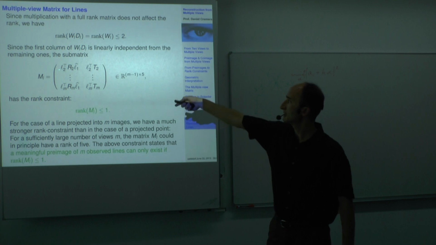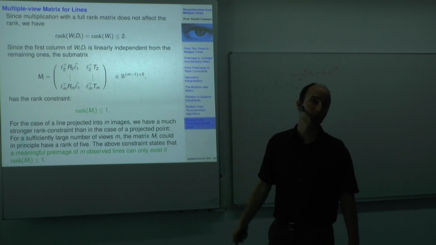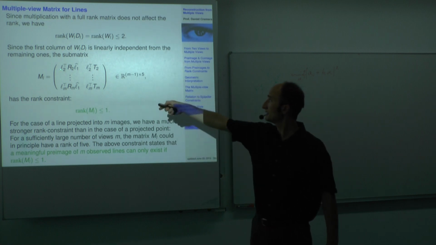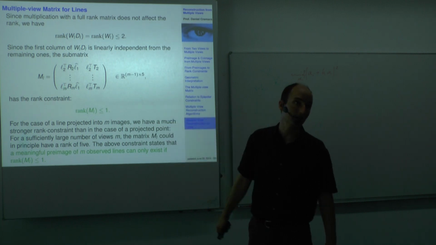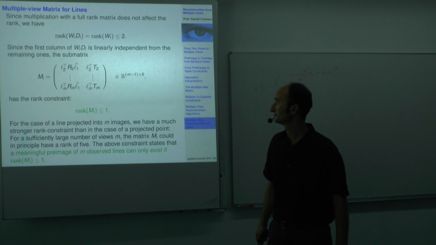And that means that each row must be a multiple of the other, in particular this expression L2 transpose R2 L1 hat must be a multiple of LM transpose RM L1 hat.